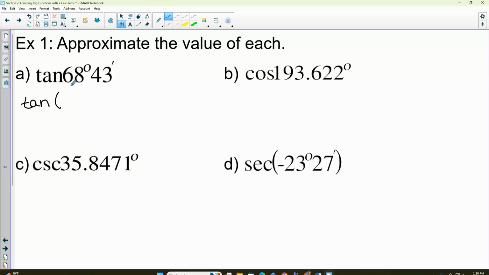My suggestion, there's a way to get to minutes and seconds, but it's kind of annoying to get to. So just do it like we did when we changed it to decimals. We just did 68 plus 43 over 60. So I'm just going to type that whole thing in at once. 2.5671.